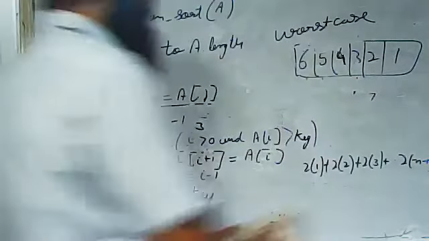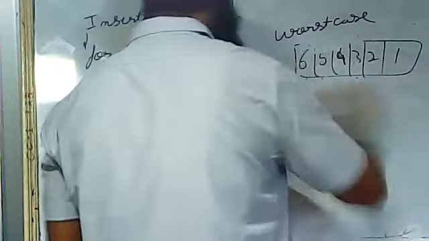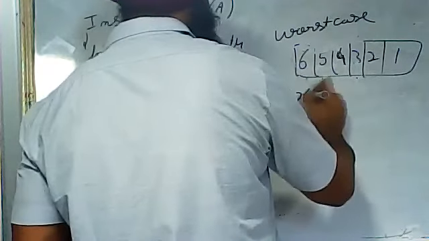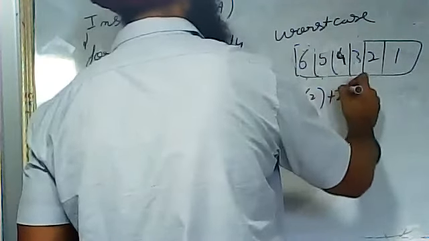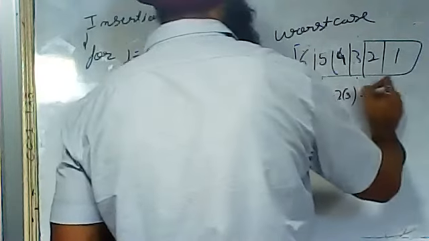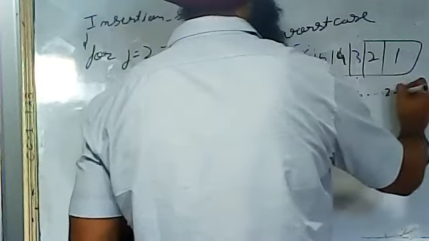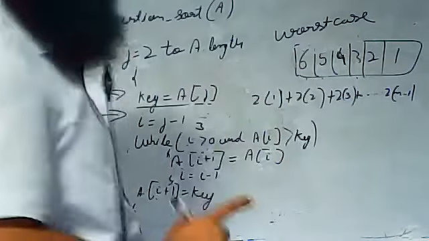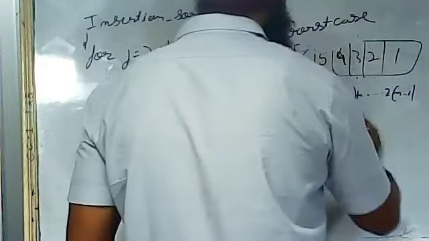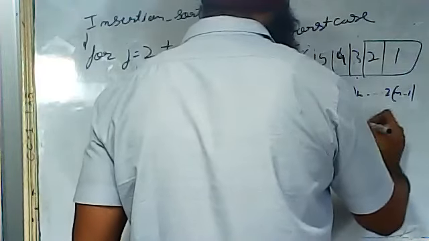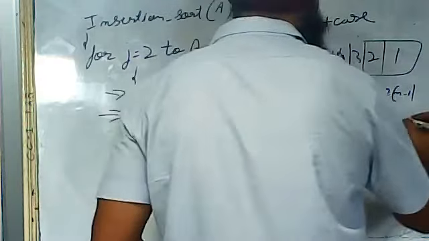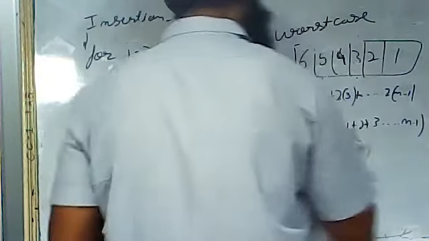Let me write it again. If I take 2 common, this is the worst case, mind it, this is the worst case. This will become 1 plus 2 plus 3 up to how many comparisons actually? That is n, this many comparisons.